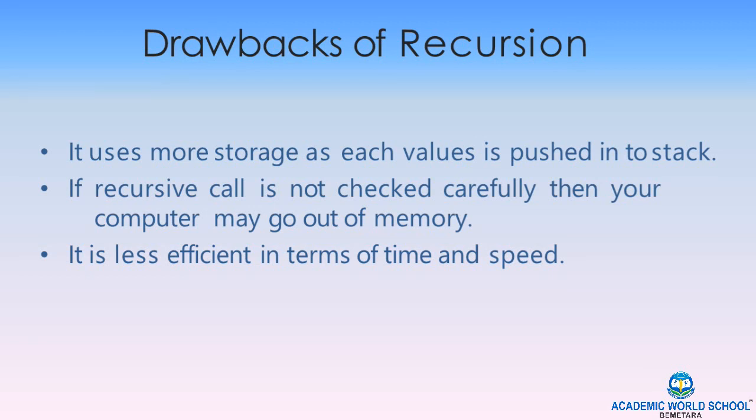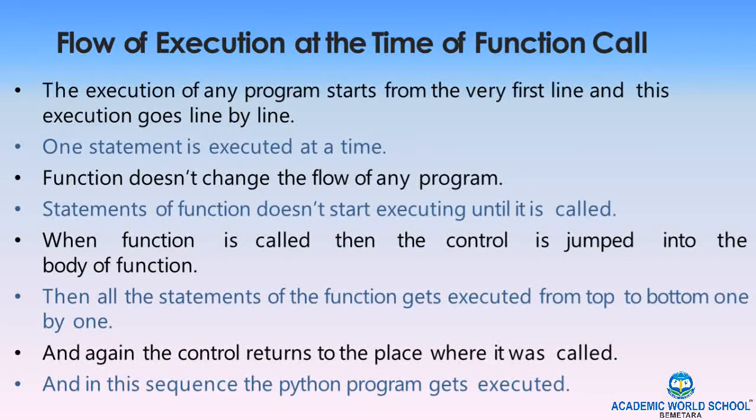Flow of the execution at the time of function call. The execution of any program starts from the very first line, and this execution goes line by line. One statement is executed at a time. Function does not change the flow of any program.